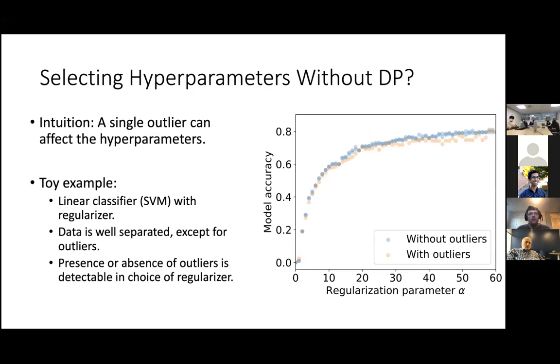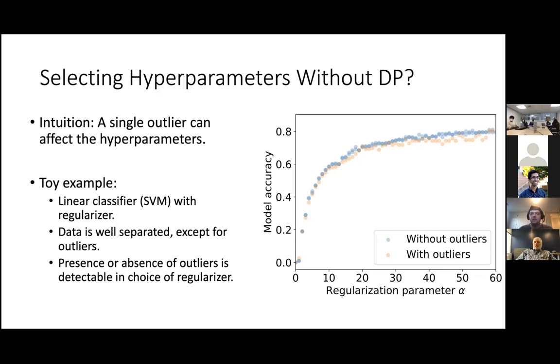Okay, so the intuition for why this doesn't work is that a single outlier can affect the hyperparameters. Here's a plot with a very simple toy example. It's a linear classifier, a support vector machine, and there's a regularization parameter, an L2 regularizer. Basically you start with some data that is nice and well separated, and then you may or may not have two outliers.